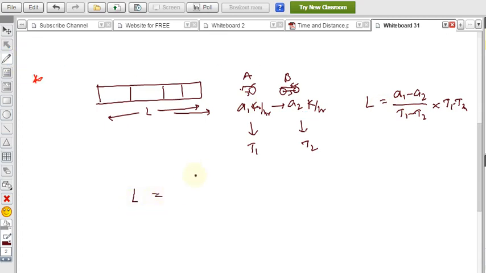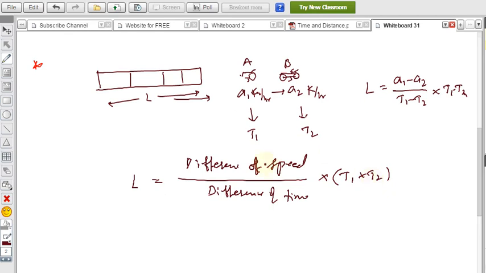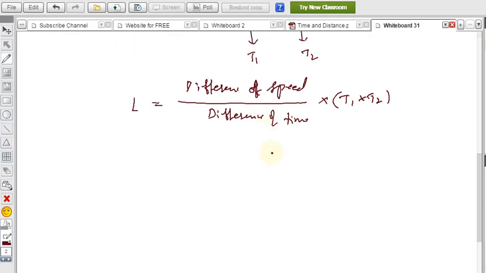In another way we can write it as the difference of the speeds by the difference of the times, into t1 into t2, the product of the times. If you apply this, you'll get the length of the train. Now let us see some important points and problems on boats and streams also.